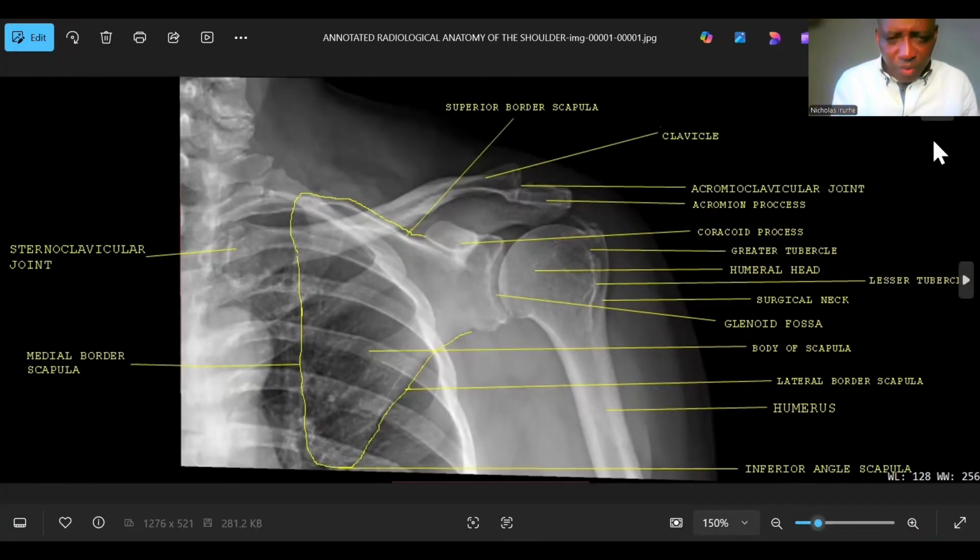That is where the shoulder will be internally rotated and X-ray is being taken, or the shoulder is externally rotated and X-ray is being taken. This time around, we'll be talking about the upper limb part 1, which covers the shoulder or the shoulder joint.